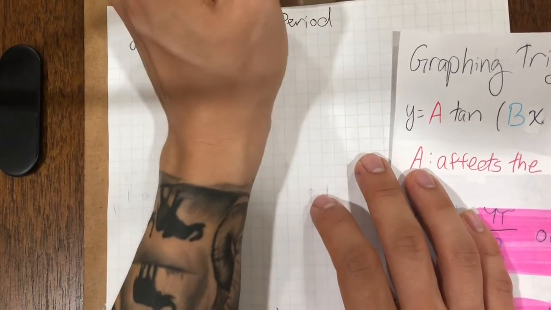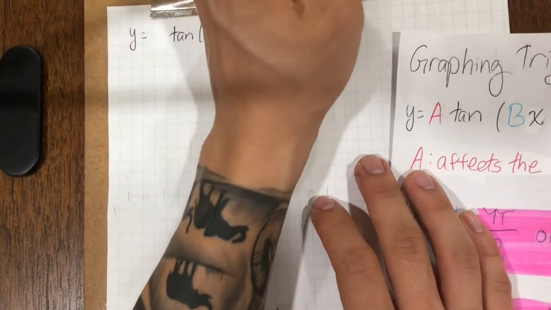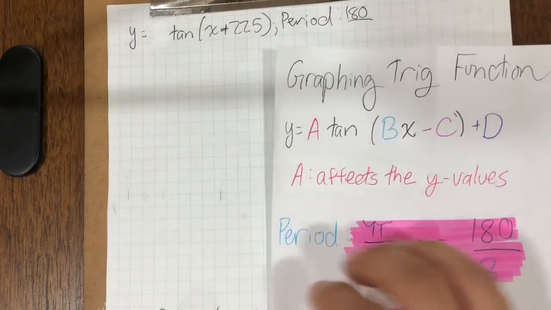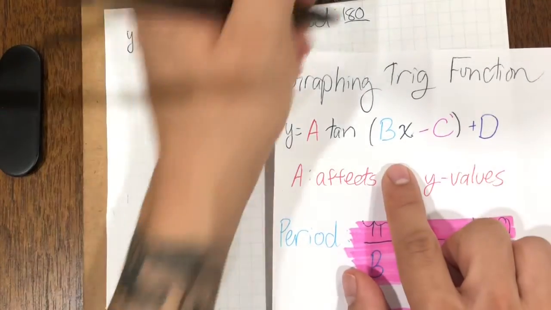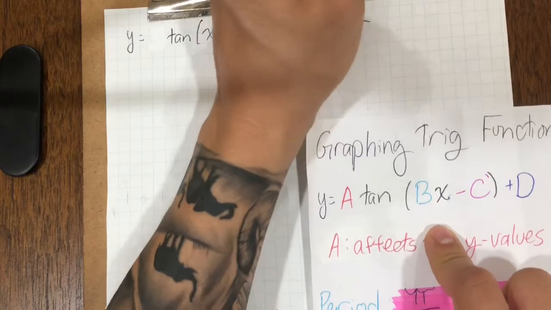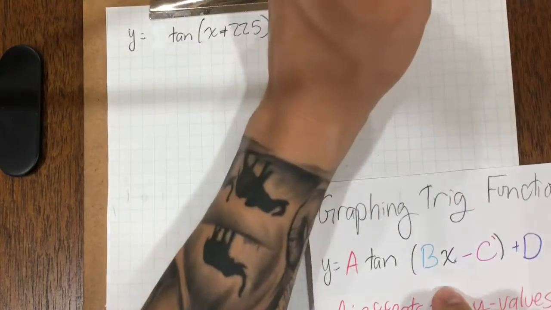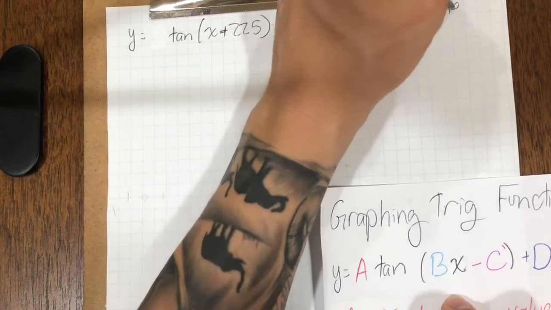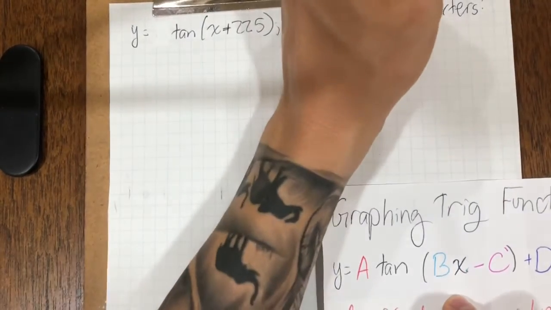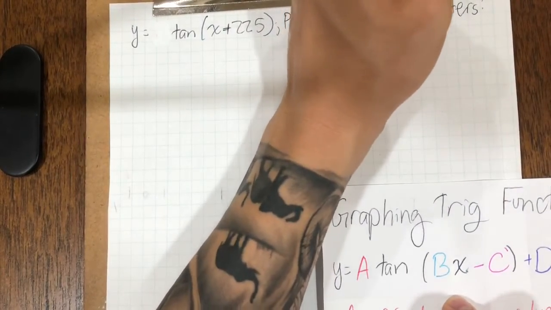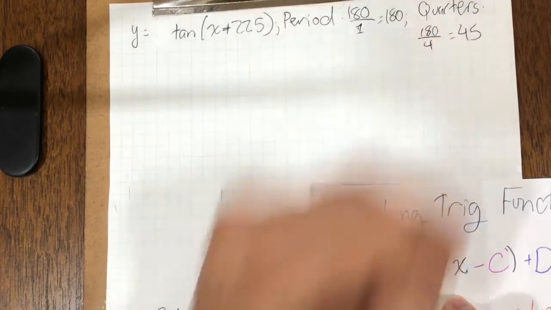So the period, I take 180 and divide it by my number for B, which in this case is 1. And I still get 180. And then figure out the quarters. I take 180 divided by 4. I end up with 45 units.